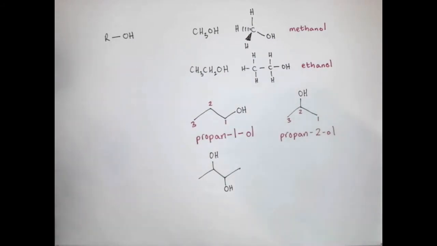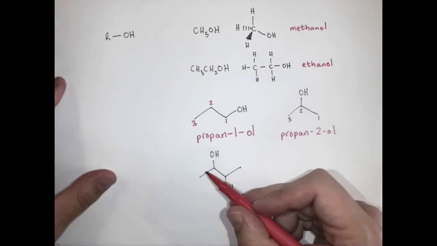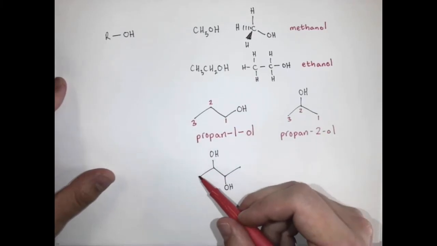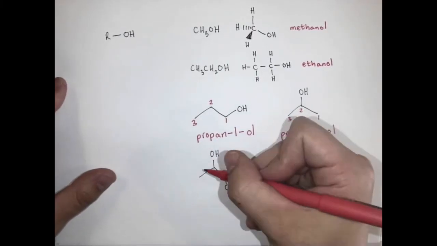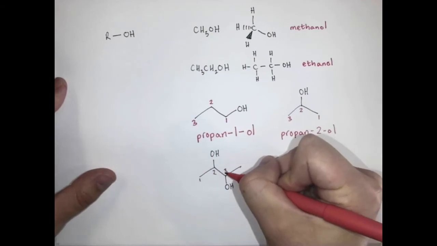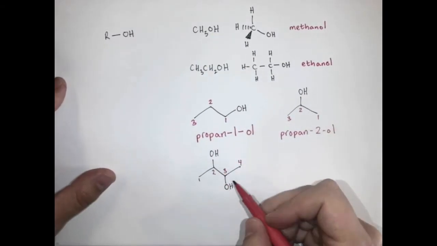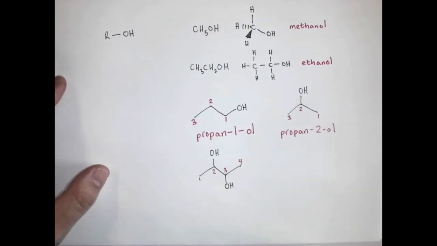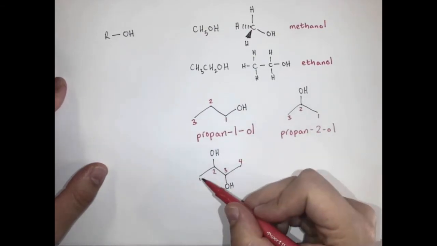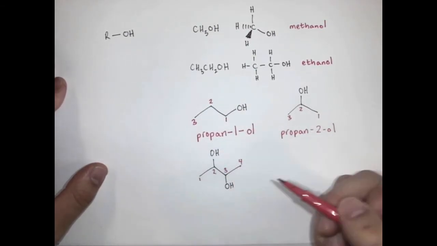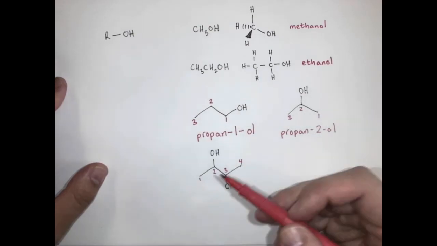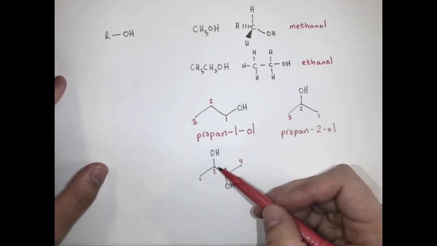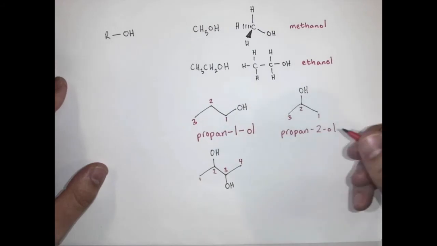So the first thing I do is I number the main chain. In this case, it doesn't really matter which way I start with. I could start left or I could start on the right, but the way I number things will stay the same regardless of which direction I go in. But you do want to make sure that your alcohols have the lowest possible numbers. So here I get 1, 2, 3, 4. So the hydroxyl groups occur at carbons 2 and 3.